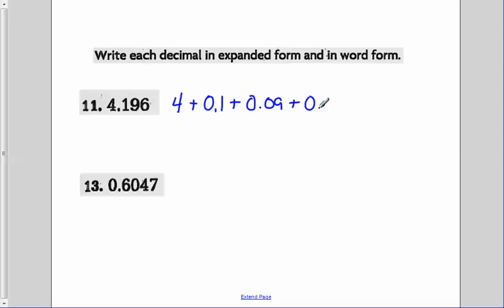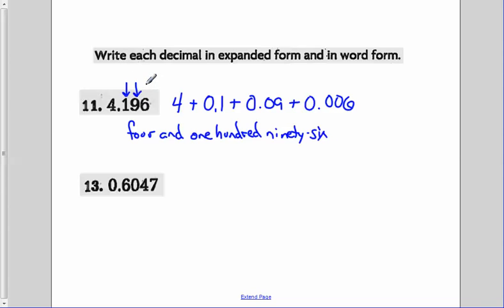So I've got 0.006. So that would be our number in expanded form, and then to say it in word form, this would be 4 and 196 thousandths, but since this goes out to, we have our tenths, hundredths, thousandths, I say 196 thousandths.